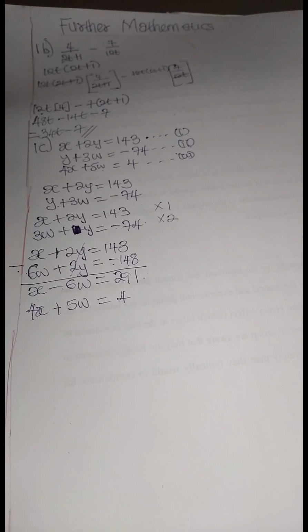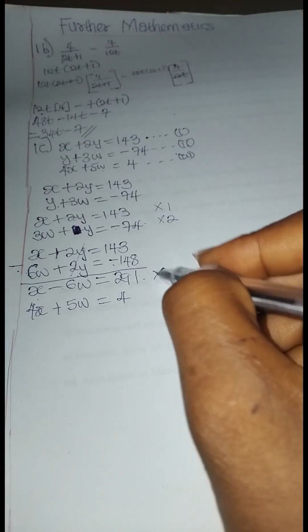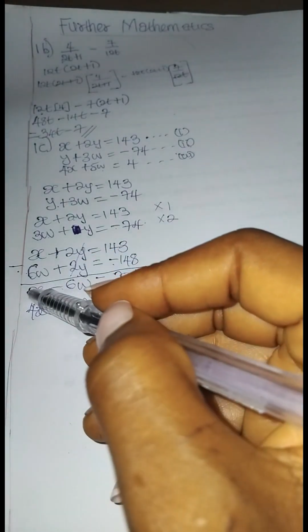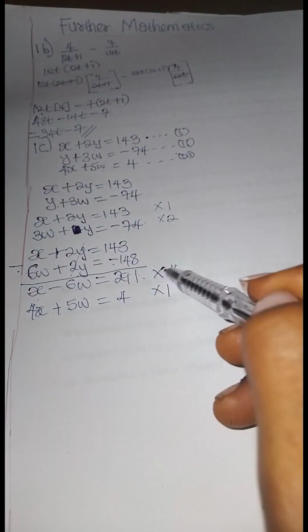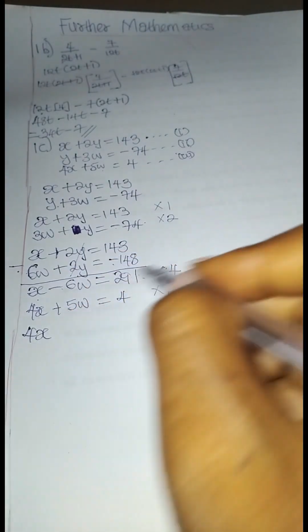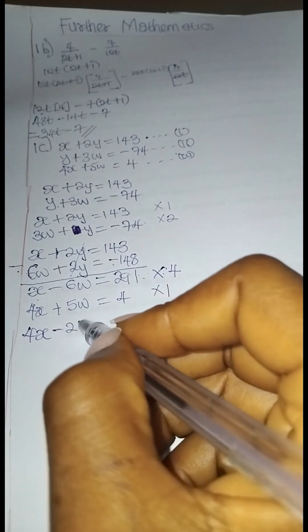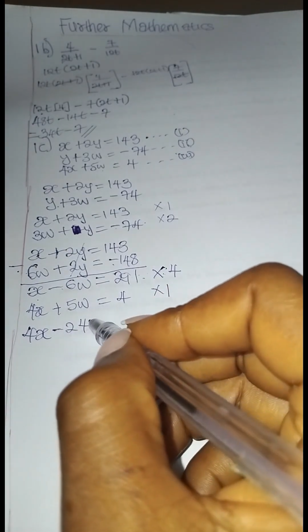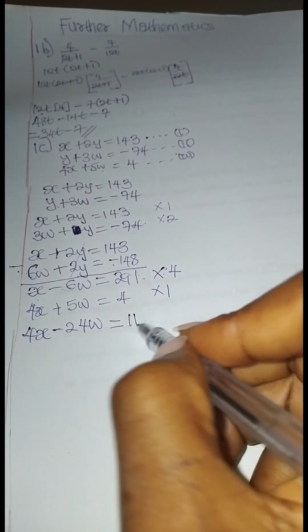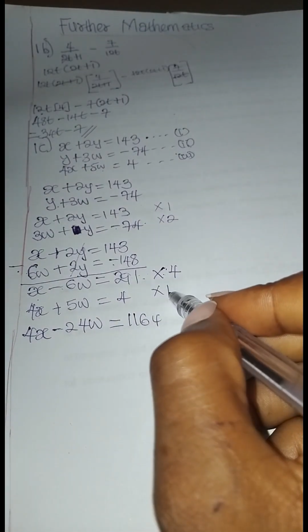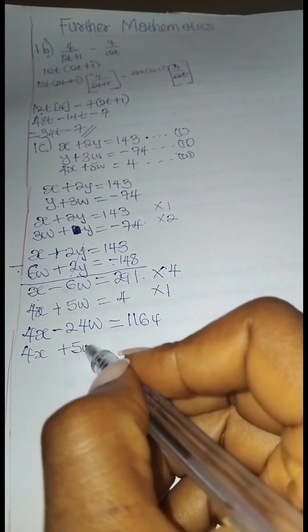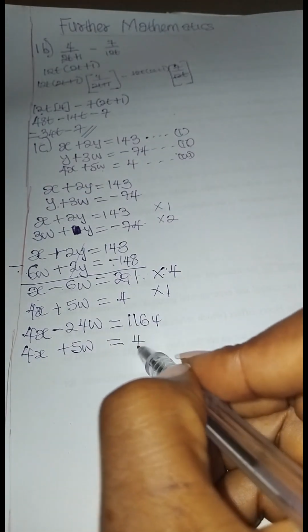I want to eliminate x, which means I'll multiply here by 4 and multiply here by 1, because the coefficient here is 1, the coefficient here is 4. 4 times x will give me 4x. 4 times 6 is 24w. 29 times 4 will give me 1164. 1 times 4x, 4x. 1 times 5w, 5w, and 1 times 4, 4.